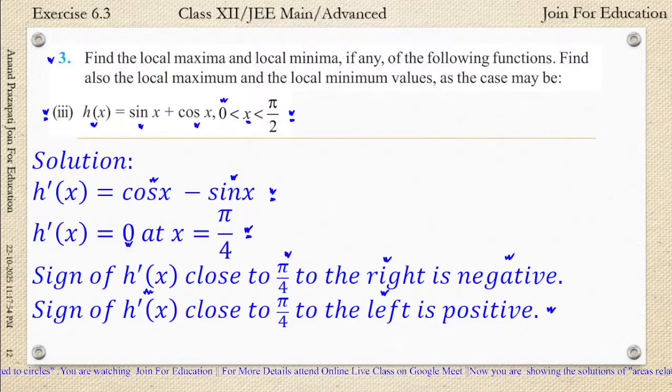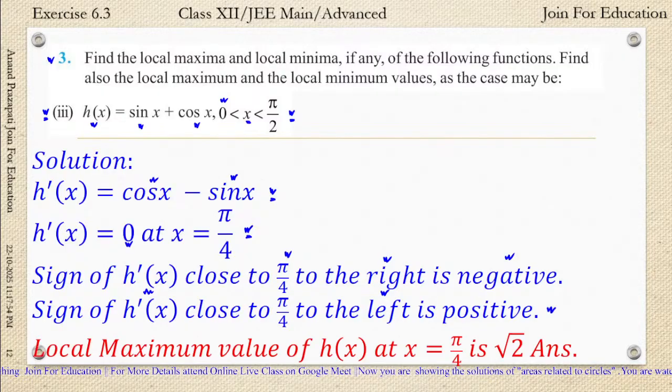So hx has maximum value at x equal to pi by 4, which is root 2. I hope there is no problem to understand the solution of question number 3 (iii).